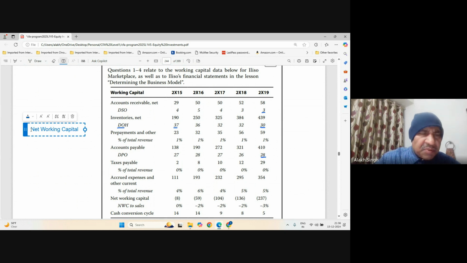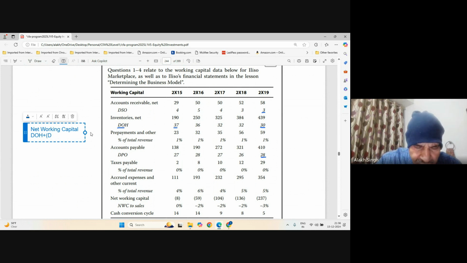First of all we have days of inventory, DOH, which means we have to invest money. Then plus DSO, when we have to give a loan to sellers.